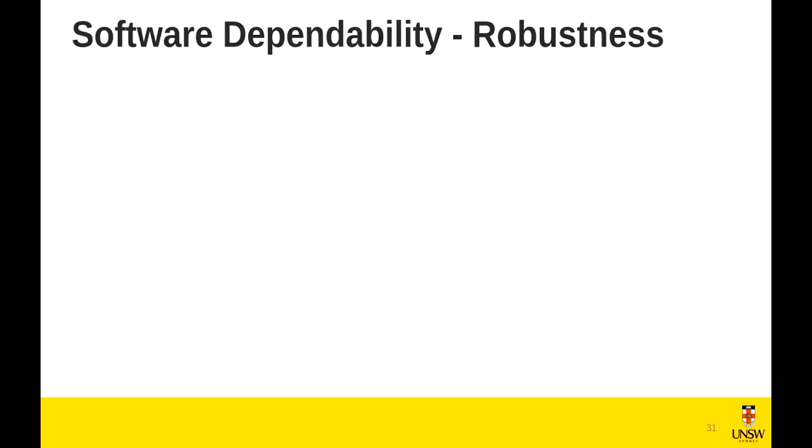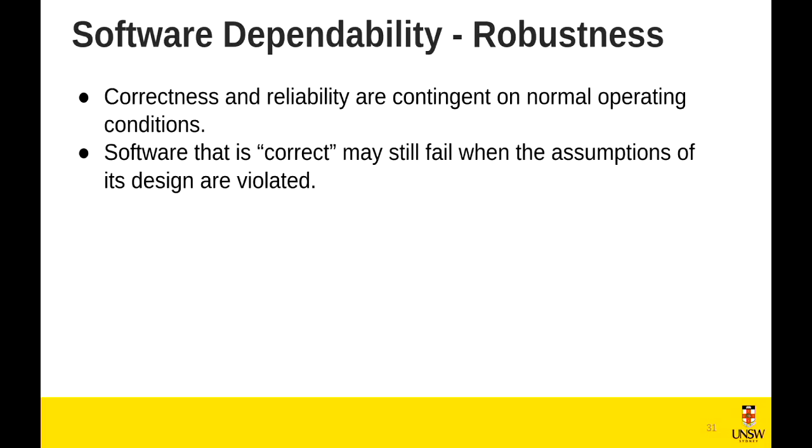And the last property here is called robustness. So correctness and reliability are referring to the normal operation conditions. And software that is correct may still fail when assumptions of its design are violated.